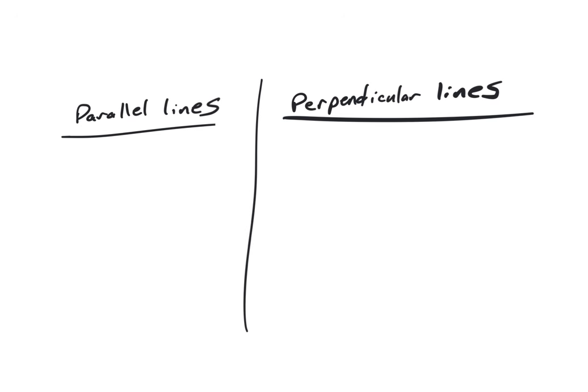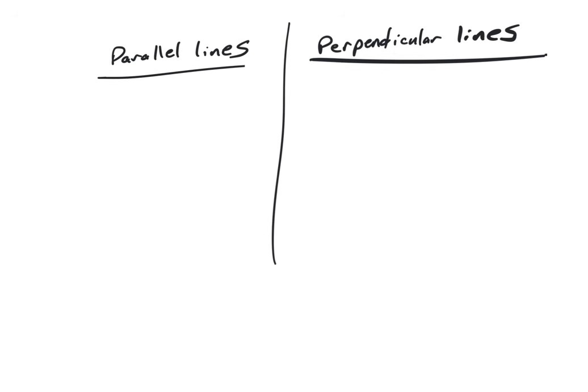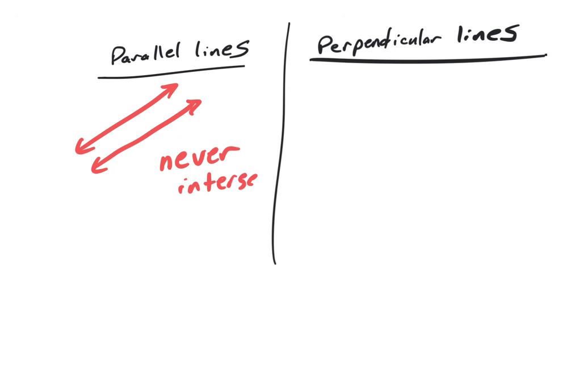We're comparing two different lines, essentially. If two lines are parallel, we know what that looks like. That goes back to our good old geometry days. Two lines that keep going and never intersect. We could do it on a coordinate plane, but in algebra, typically it is a coordinate plane. Two lines that never intersect one another.